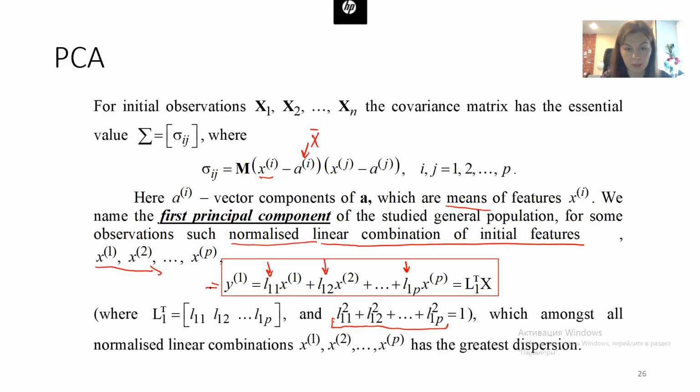So it will be our first principal component, where again we have some vector of coefficients and some array of observations. And these coefficients should be selected in such a way that, amongst all, provides the greatest dispersion of PC1.